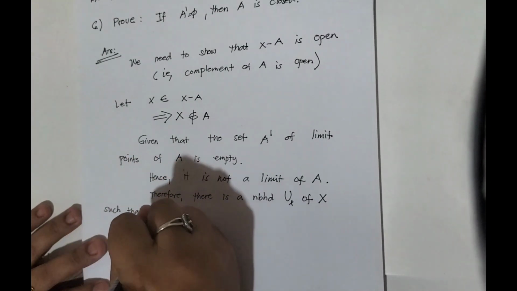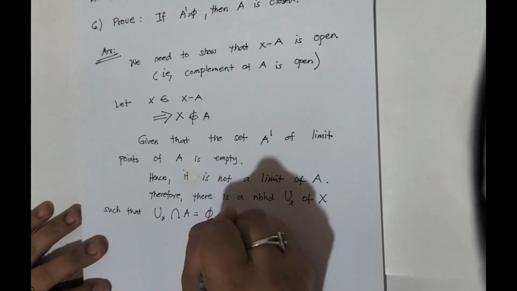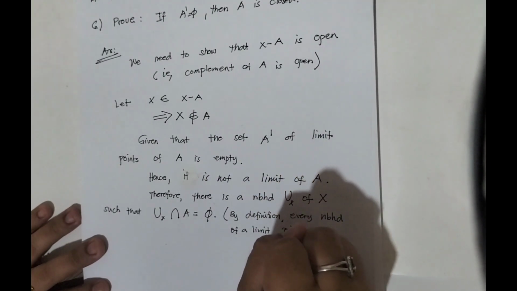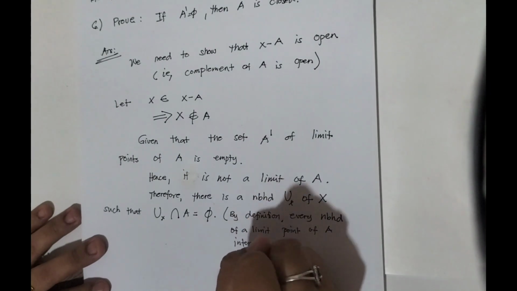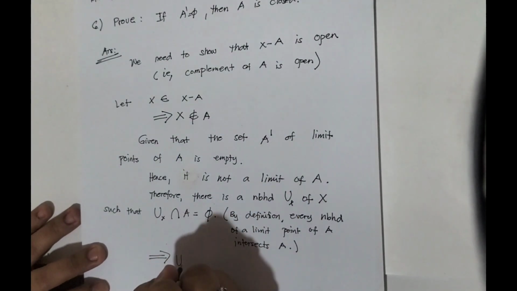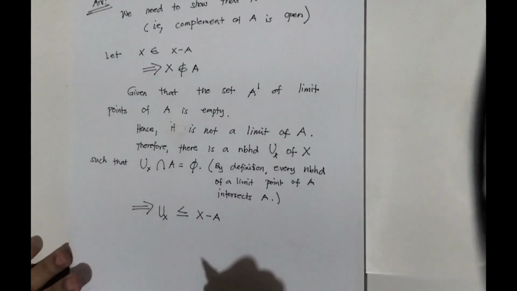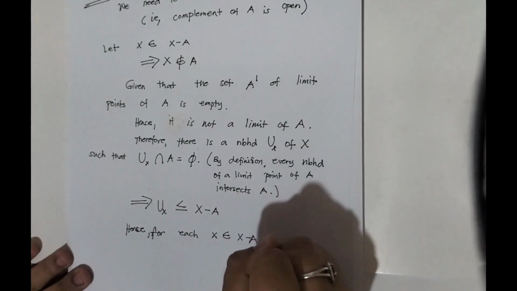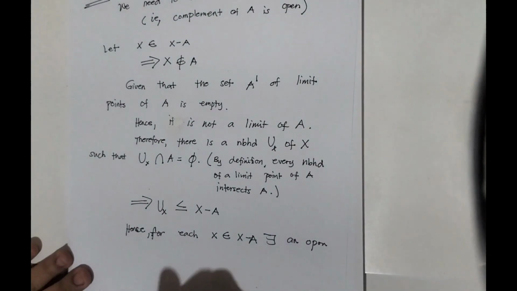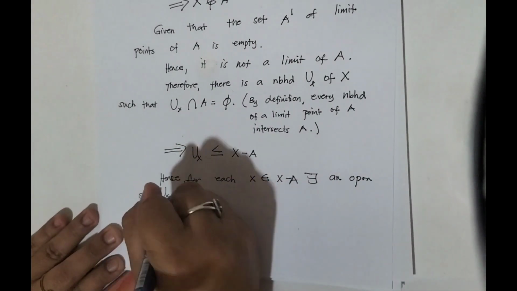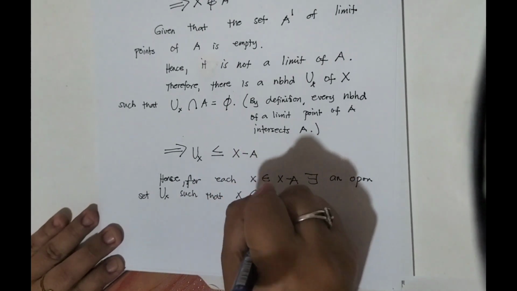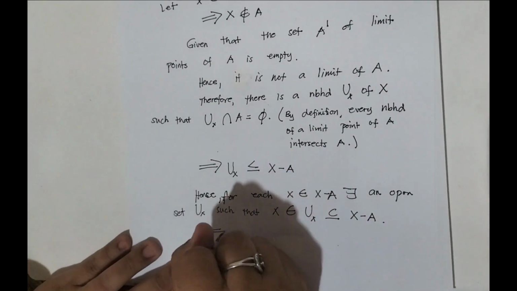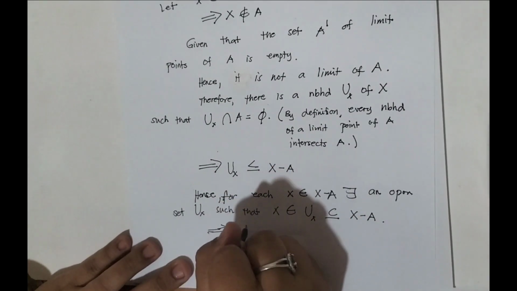By definition, every neighborhood of a limit point of A intersects A. So the neighborhood of x is a subset of X minus A. Hence, for each x that is an element of X minus A, there exists an open set U_x, or neighborhood of x, such that x is an element of the neighborhood and it is open in X minus A.